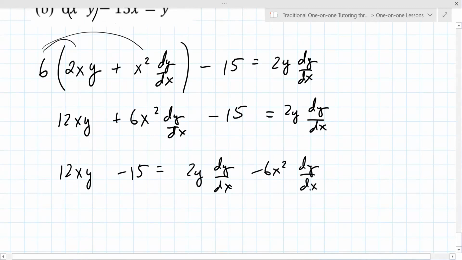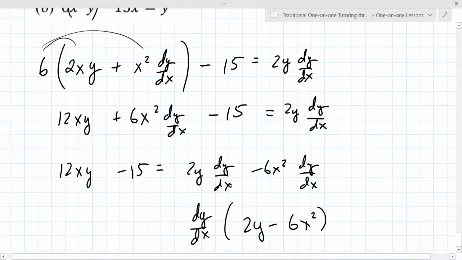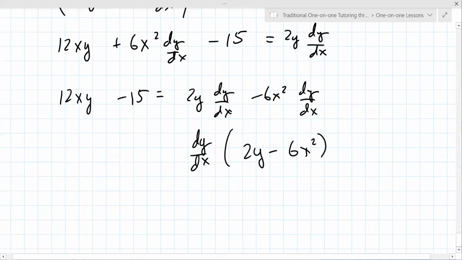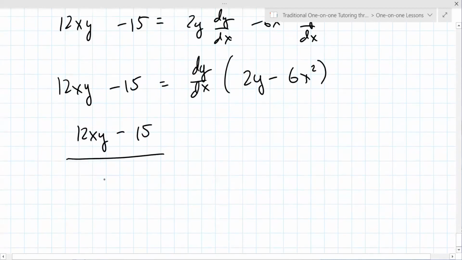Now you're up to the factor step. You factor out dy/dx, so dy/dx times 2y minus 6x squared, and then divide that. So then your answer would be 12xy minus 15 over 2y minus 6x squared, right?